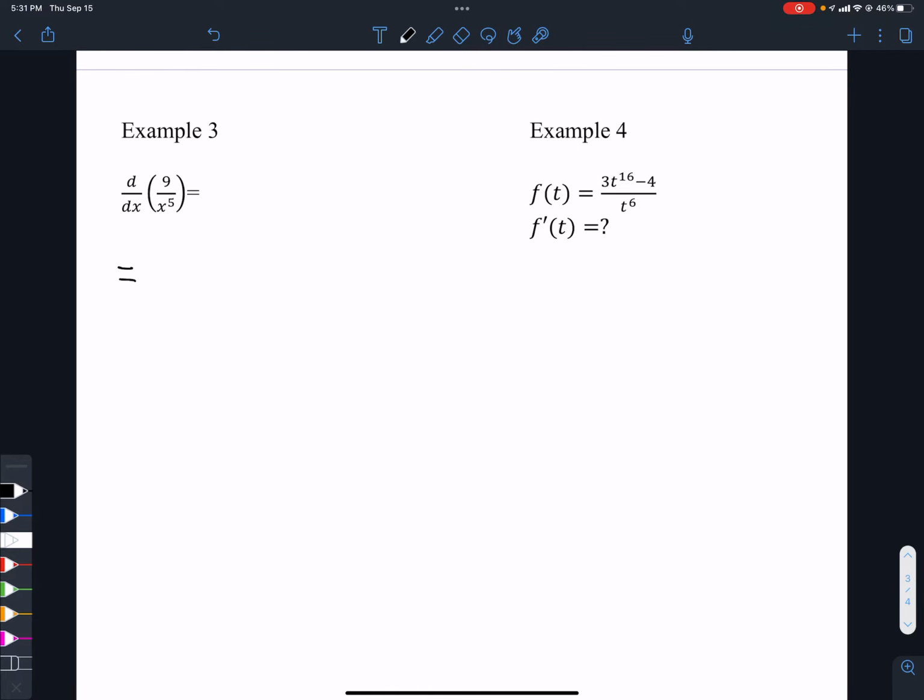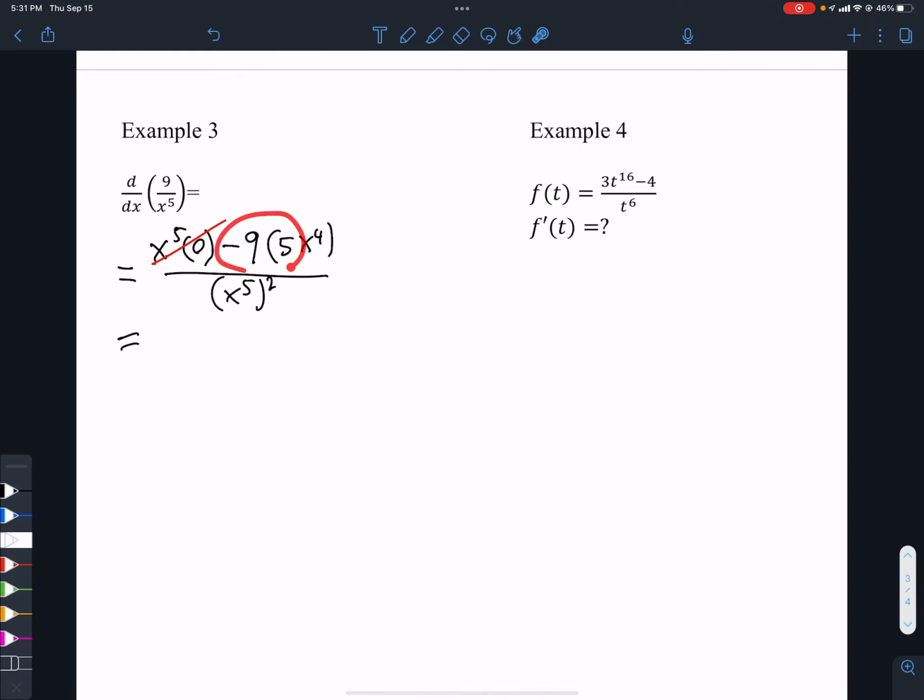All right, welcome back. It's low, which is the bottom one, d high, which is 0, minus high, which is the top one, d low using the power rule, I get that, all over low, which is the bottom one, squared. That's just 0. This is a pretty quick one. 9 times 5, that's negative 45, x to the 4th.